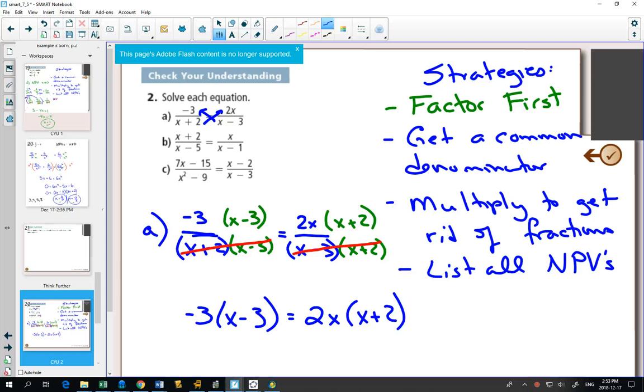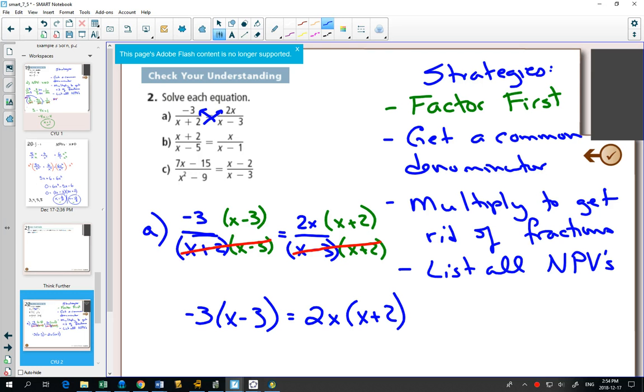But it is important to understand where it comes from. So in this situation, we could use that strategy of cross multiplying because we can see that, oh, if I got a common denominator, all that's going to happen is the x minus 3 is going to move to the numerator on this side, and the x plus 2 is going to move to the numerator on the other side. And when I simplify and get rid of my denominators, this is what I'm going to get.